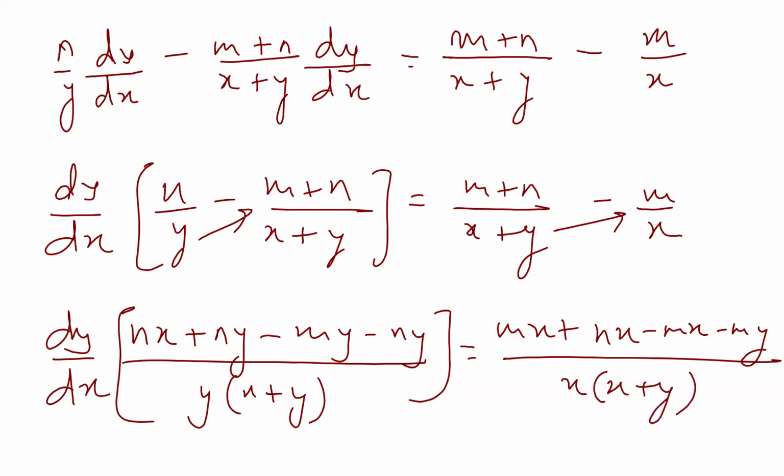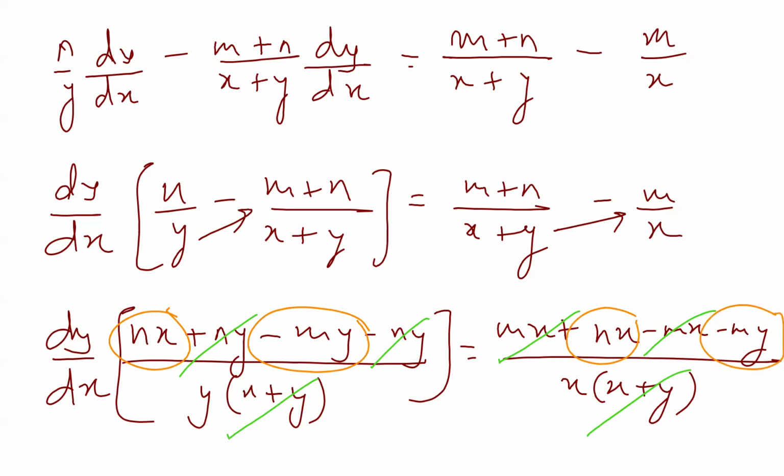Now see guys, first of all x plus y will get cancelled. Here ny will get cancelled. Here mx will get cancelled. So we are left with nx minus my. Here also nx minus my. So now we'll cross multiply.